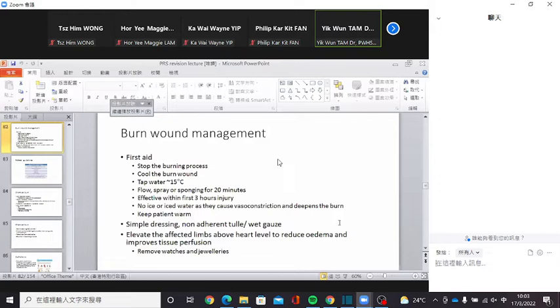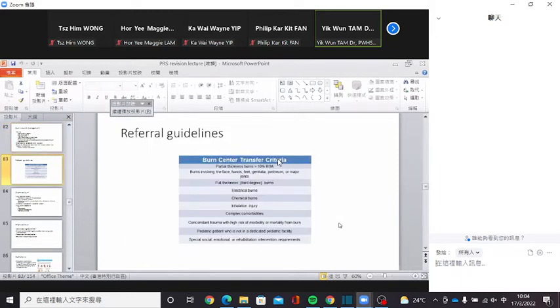However, do not use ice or ice water as they cause vasoconstriction and that may deepen the burn wound. At the same time, keep the patient warm, especially in pediatric cases. Then we start with some simple dressings like non-adherent cling film or wet gauze, and we elevate the affected limb above the head level to reduce the tissue edema and improve the tissue perfusion. Remember to remove any watches and jewelries.